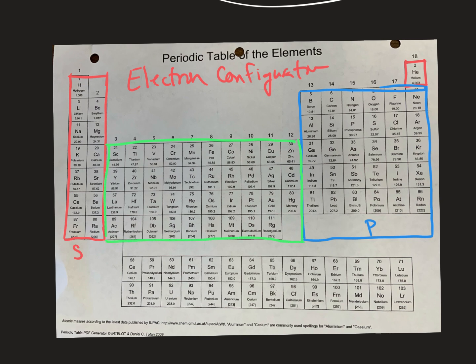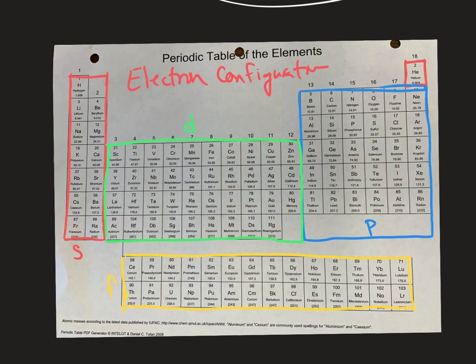Transition metals, because they transition from main group to main group. And these are the D group. And this bottom section right here, the inner transition metals, this is the F group. Some of you taking pictures of that? Yeah, do that. That'd be great.